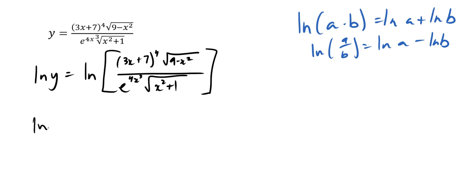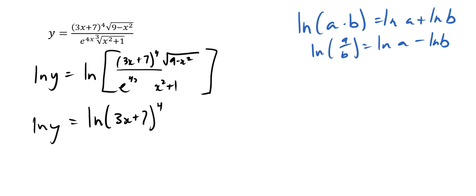So we've got ln of y equals, and this is how it's going to look, ln of the first thing, 3x plus 7. Oh, you know what? I did something wrong here. I'll fix it in a second. The 3 is supposed to be in the square root. It wouldn't really matter, it would change our answer a little bit, but the 3 was supposed to be in the square root.